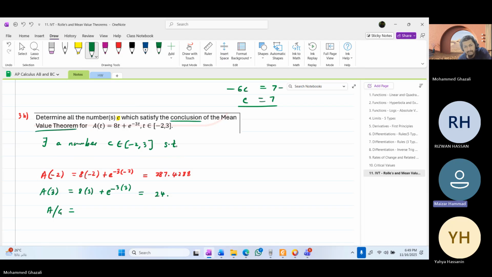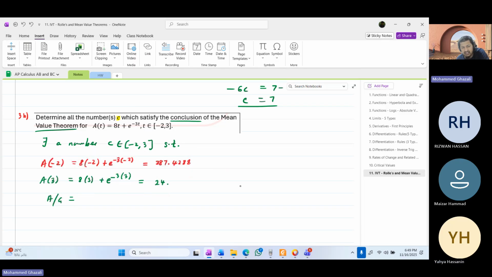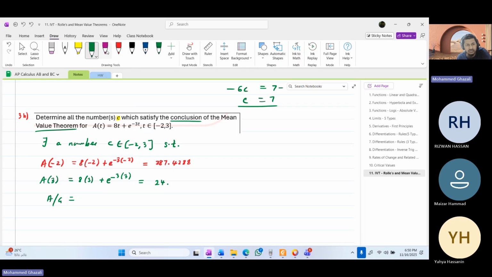So that means it is differentiable and continuous between -2 and 3. You don't even need to remember: all polynomial functions are differentiable, all exponential functions are differentiable and continuous, and all sine and cosine functions are continuous and differentiable. Tan is not continuous and differentiable because there's an asymptote.